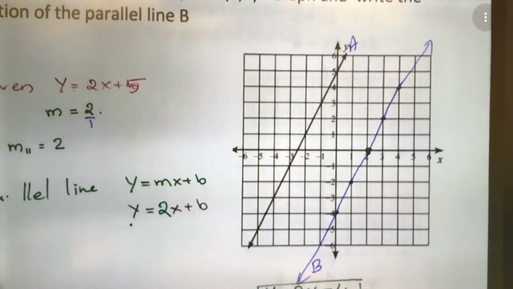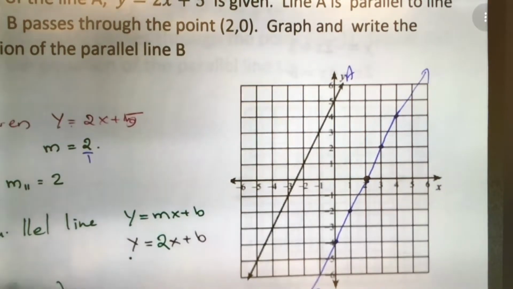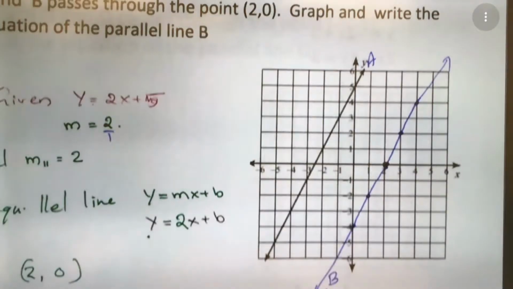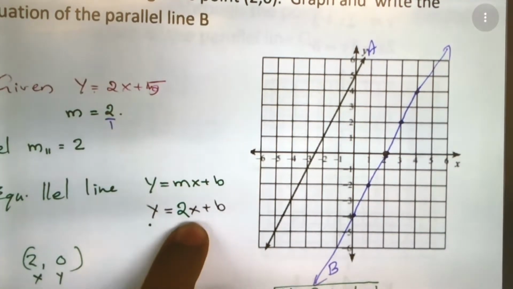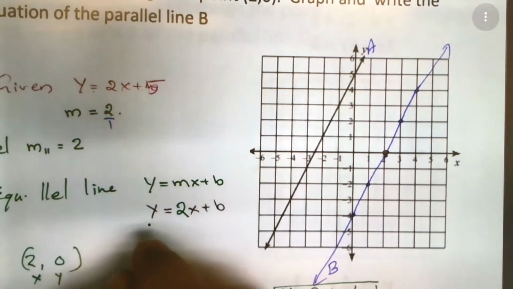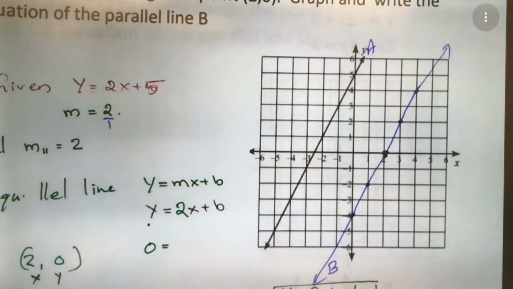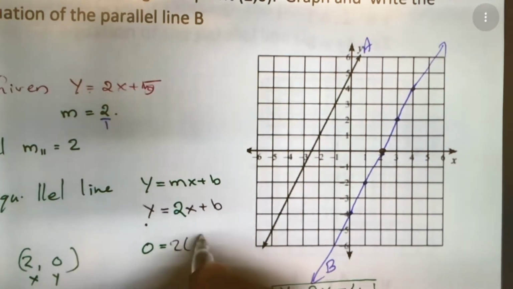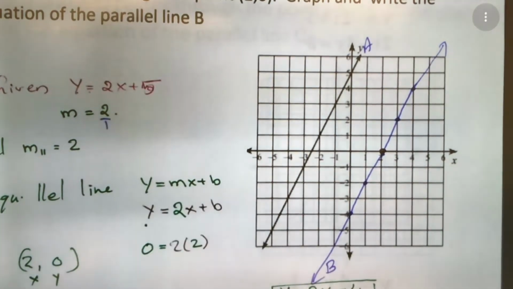The question gives the point (2, 0), so we just replace x and y with 2 and 0. My y is 0, equal to 2 times the x, where x is 2, plus b.